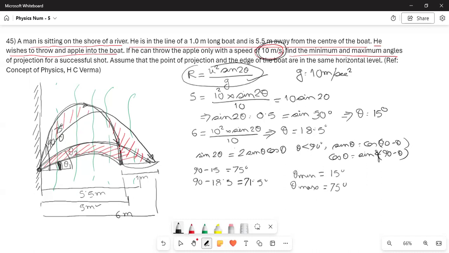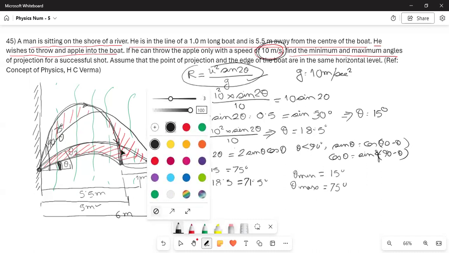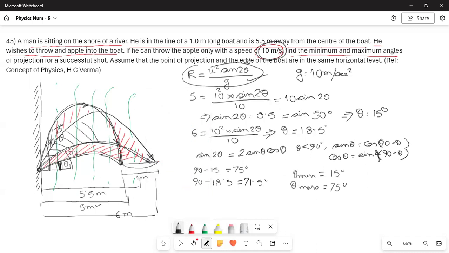But in between this range of angles, if the ball is thrown in this range of angles, then the apple will be either beyond the boat, either it will go out further than the boat, or it will fall before the boat.